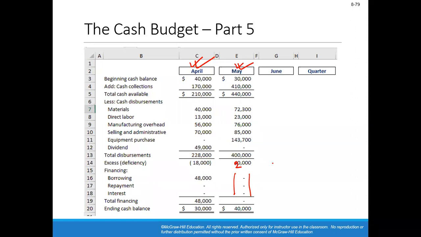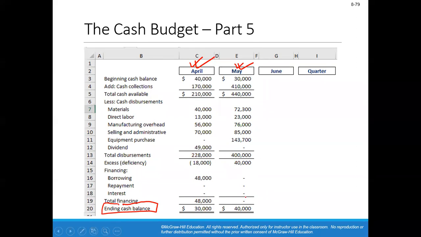So you are saying that then we should make financing of 10,000. If I make the 10,000 financing, in that case, I will have the 30,000. So this 30,000 is the minimum requirement. You can have a balance which is above the 30,000, but this number cannot go below 30,000. So it should be the minimum 30,000.